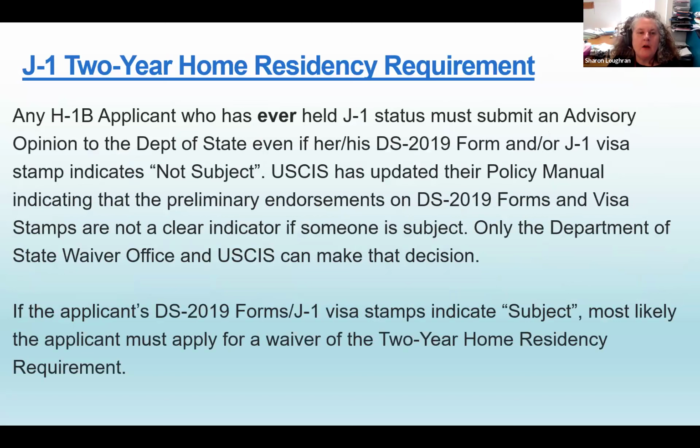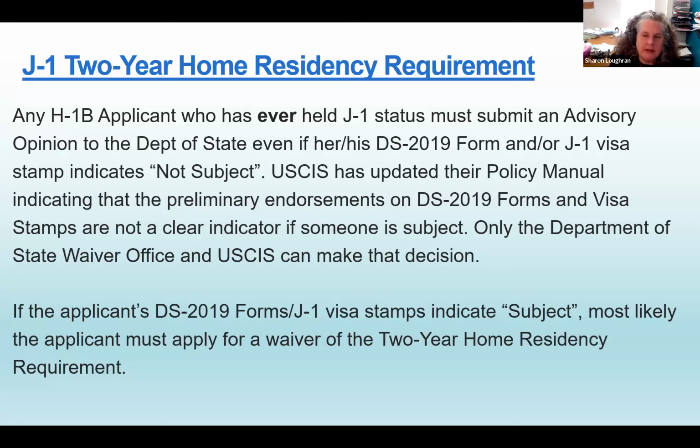Next. There's a reason why this is one of the first slides under H-1B. If someone is subject to the 2-year home residency, or if they ever held J-1 status, we have to make sure that they are not subject to the 2-year home residency. So in the H-1B application, this is one of the first things that they have to do.